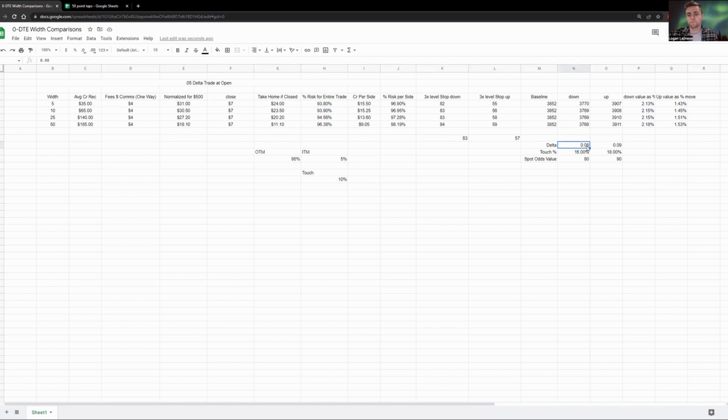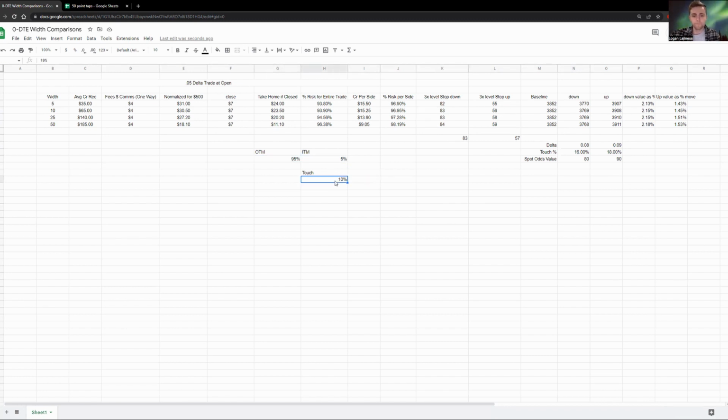So on the downside, that's an 8 delta, right? And on the upside, that's a 9 delta. So here's the caveat, right? An 8 delta is going to get touched 16% of the time, right? That is 6% more than your baseline trade, right?